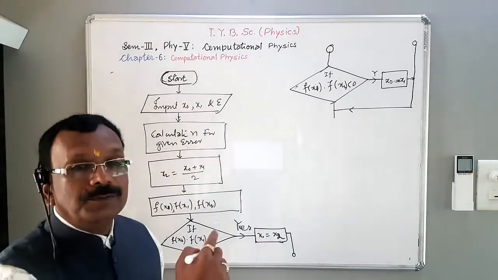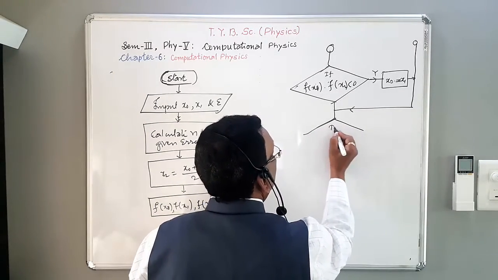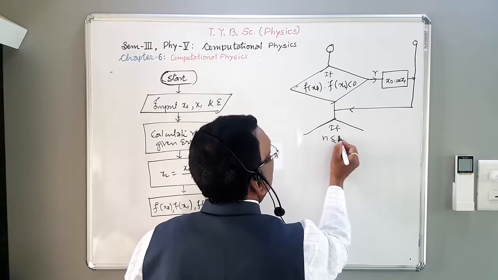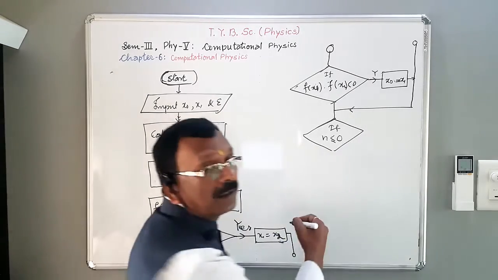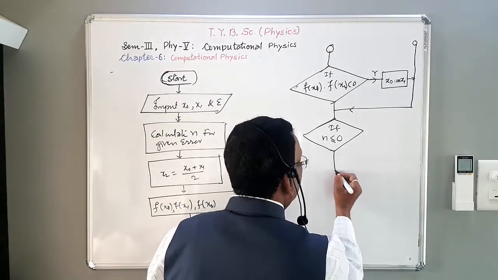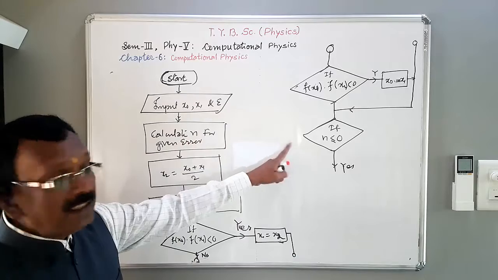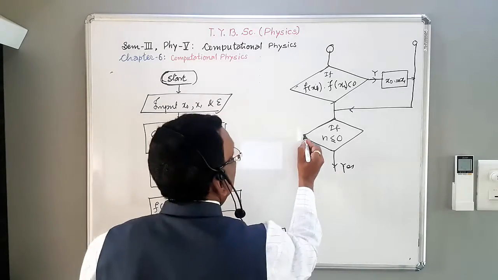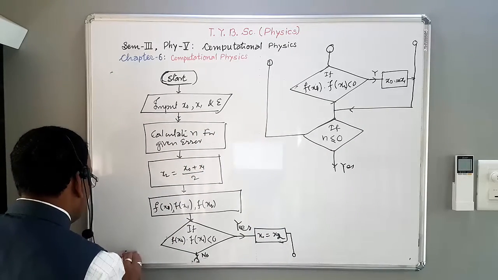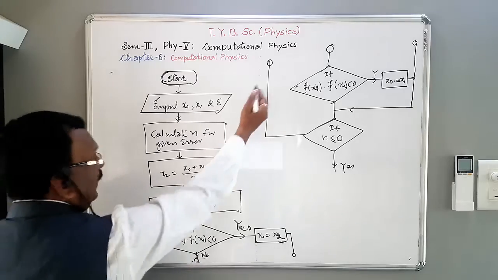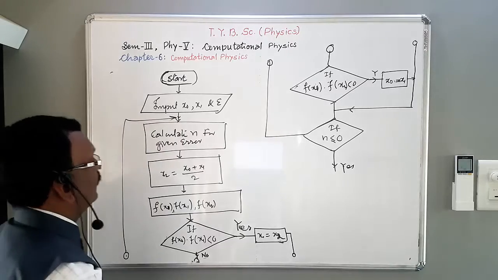Now again we have to check the steps. If n is less than or equal to 0, if the condition is true, then simply come here, and if the condition is false, then go back. This is the connector, and this connector is connected here, and from this point we simply come here.